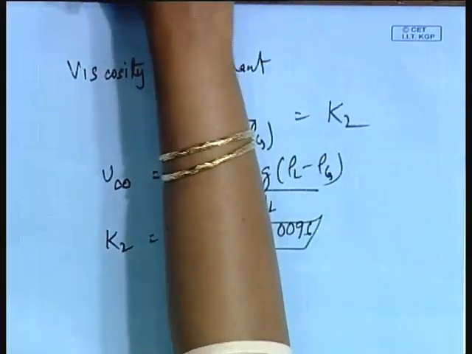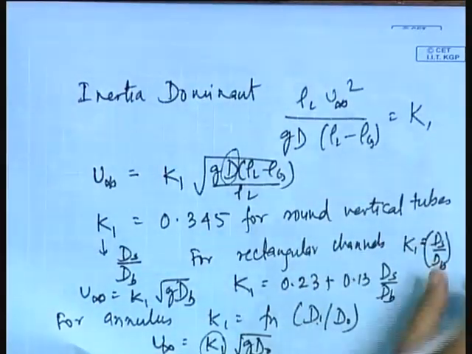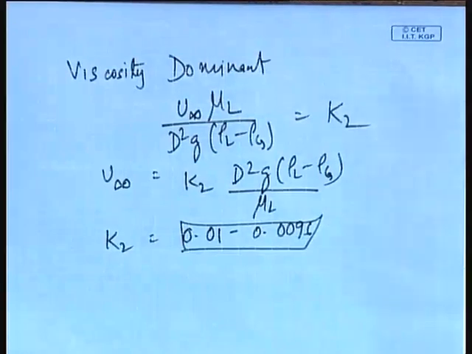And when surface tension is important, what happens, can you tell me? For inertia dominant, I have already told you this group becomes important; this is a Froude number. When viscosity is dominant, this particular group becomes important. When surface tension is dominant, naturally the last group has to become important. But what happens when surface tension becomes important? Will the bubble move at all?